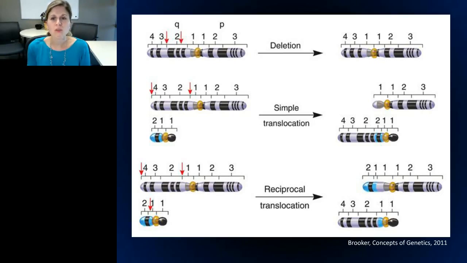but all of the information for that cell is still present, whereas on the top with our deletions, there's actually a loss of genetic information. So deletions are only problematic when we're considering tumor suppressor genes. What are very common in solid tumors is that we see duplications.